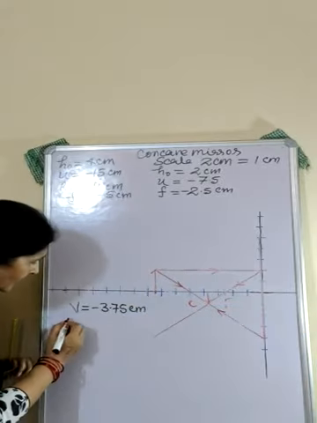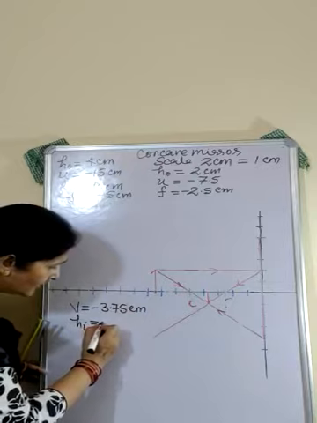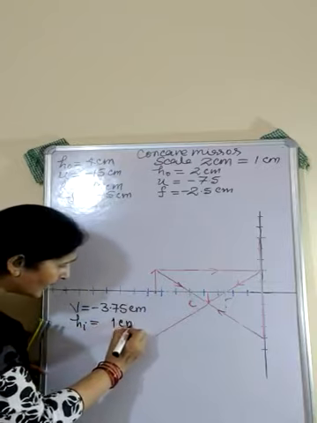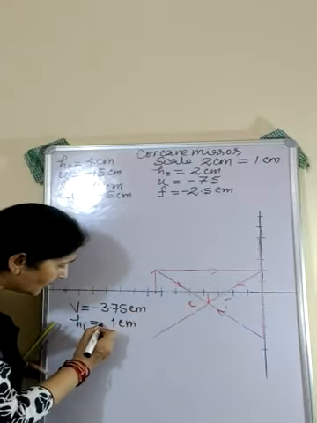Then height of the image in the graph is 1 centimeter. As the image formed is inverted, so the negative sign will come here.